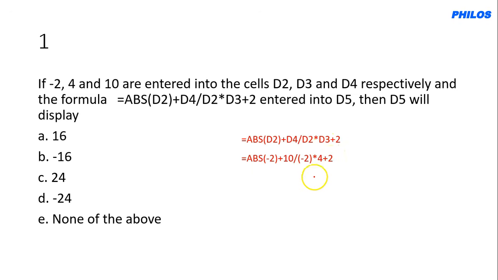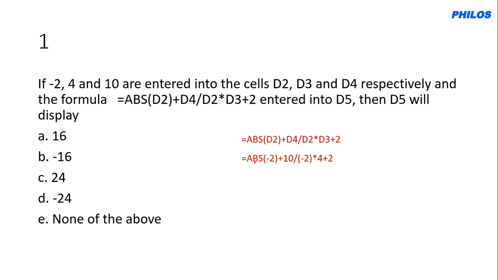Now, the first thing you are going to do before you operate the addition, multiplication, division, and whatever, is to solve the ABS(-2) first. When we say ABS(-2), what does it mean? ABS stands for absolute value of something. So whenever you have ABS(-5), the answer will be 5.